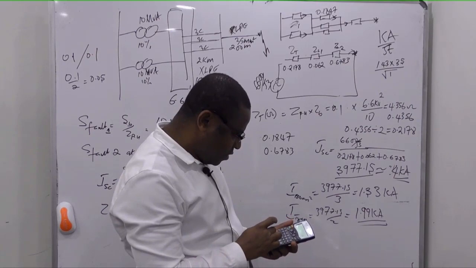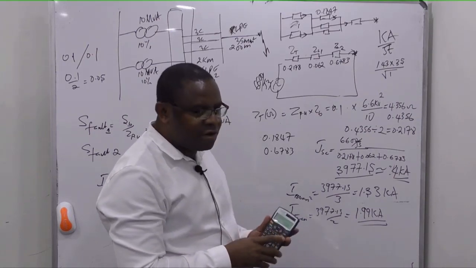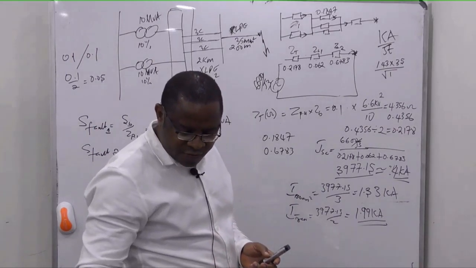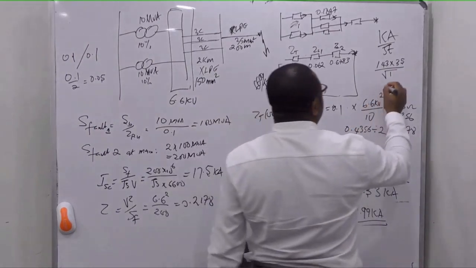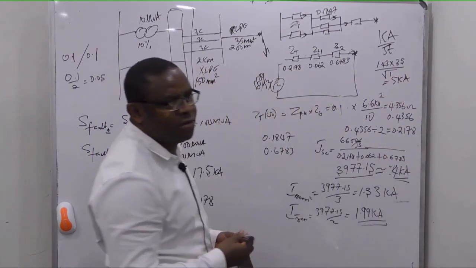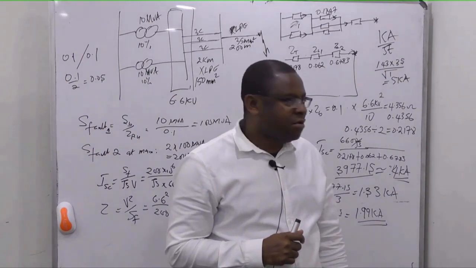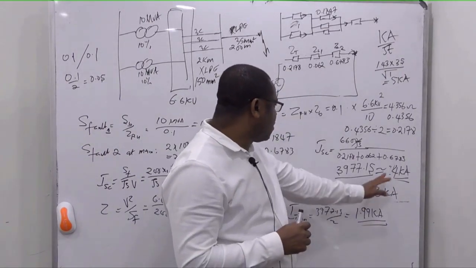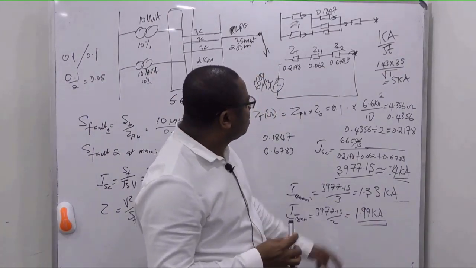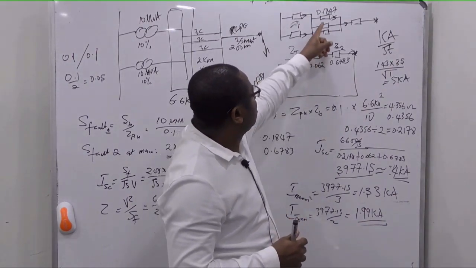It's 143 times 35. It can handle 5 kiloamps, which is okay because the fault current is 4 kiloamps. Let's see this one.